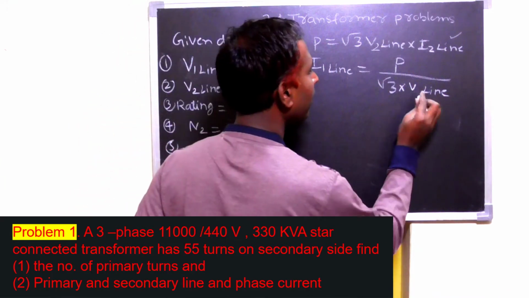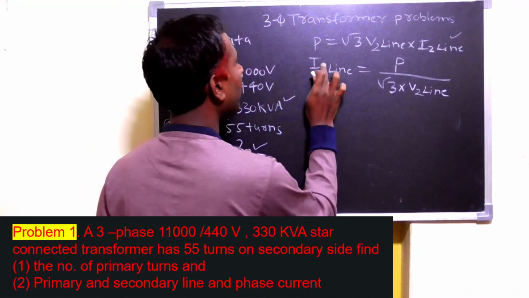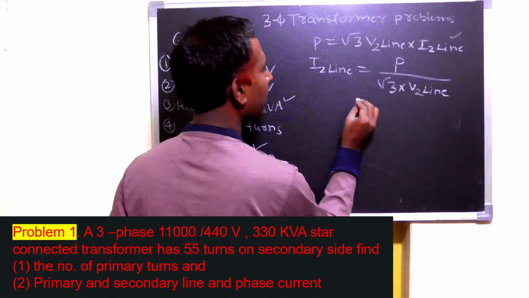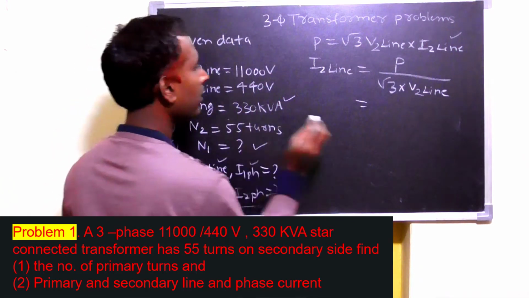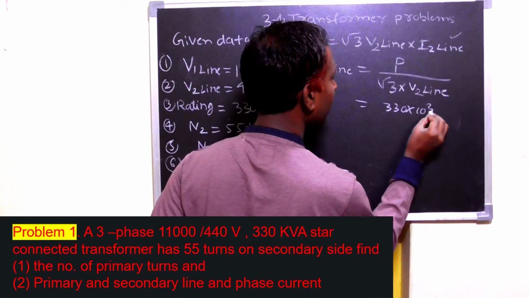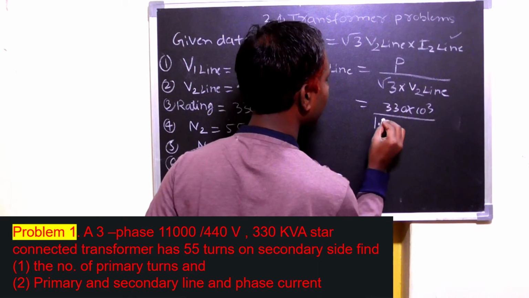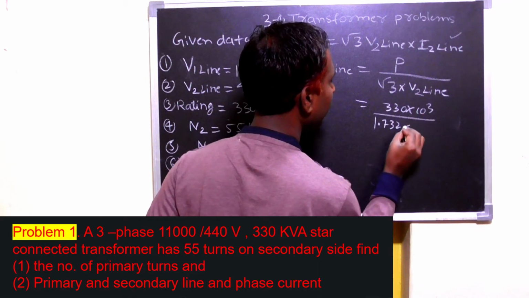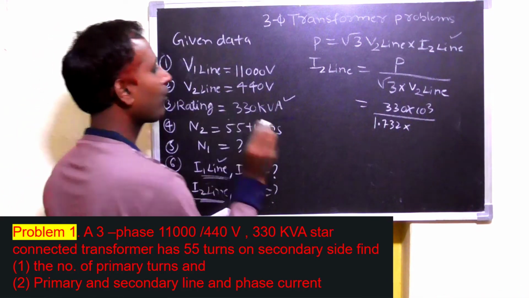So the formula becomes I2 line equals 330 K, which means 10 raised to 3, 1000, divided by 1.732 times V2 line, which is 440.